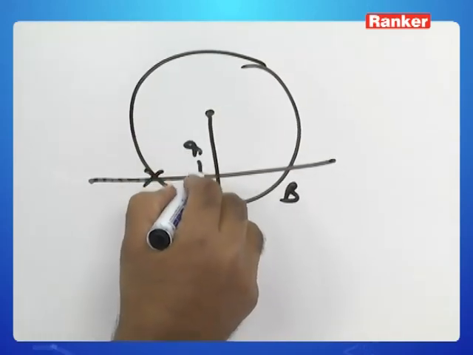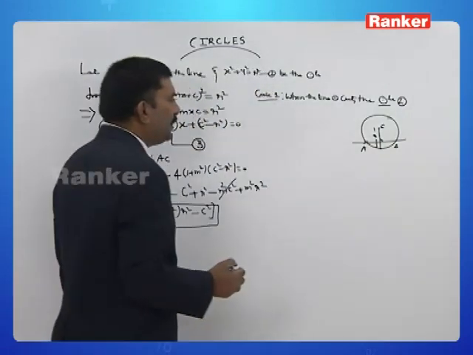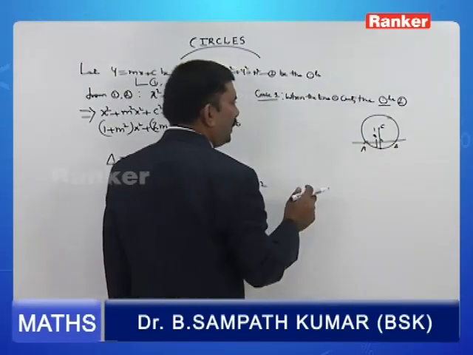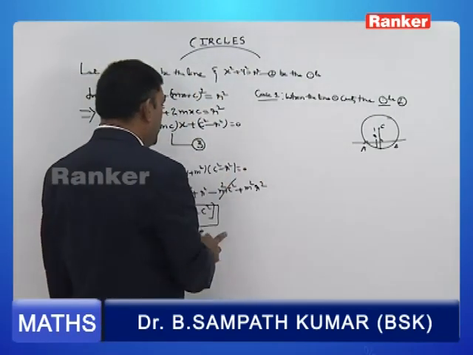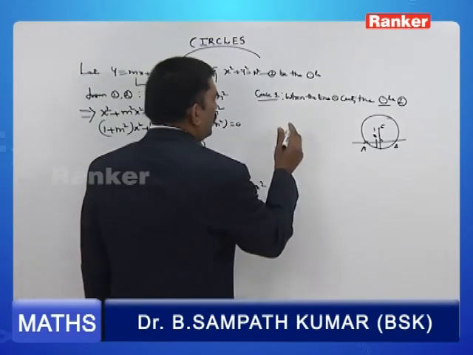This is the radius of the circle and this is the center. You can observe that when the line cuts a circle in 2 points, it is a chord. Chord means it cuts in 2 points, which means equation 3 has real and distinct roots.